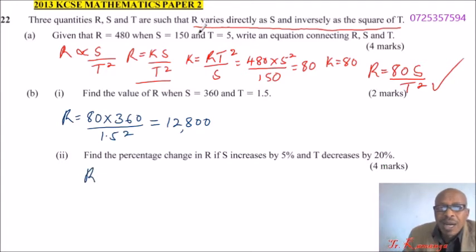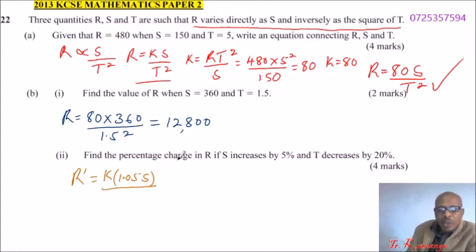So we can say the new R, that is R prime, is equal to K, then S has increased by 5%, so it is 1.05 of the old S, or we can say 105 divided by 100, and T has decreased by 20%, so it will be 0.8 or 80 over 100 of the T, and this is squared.